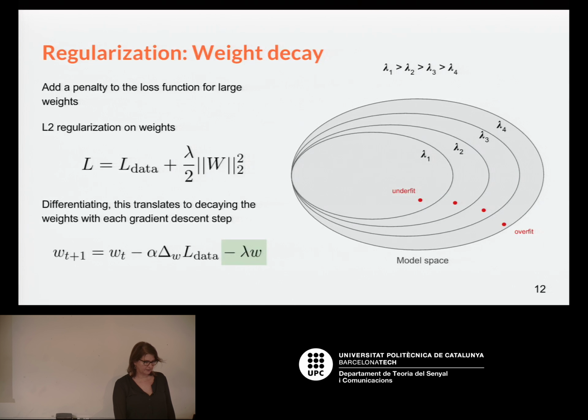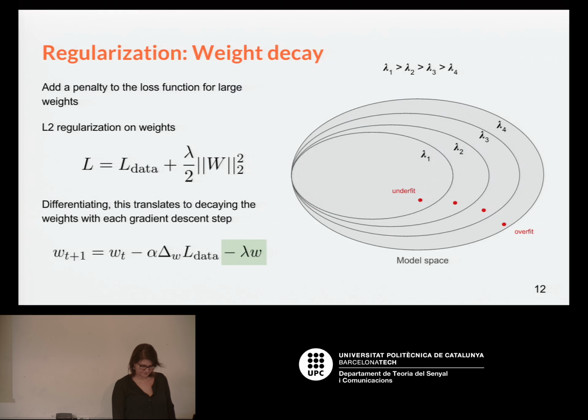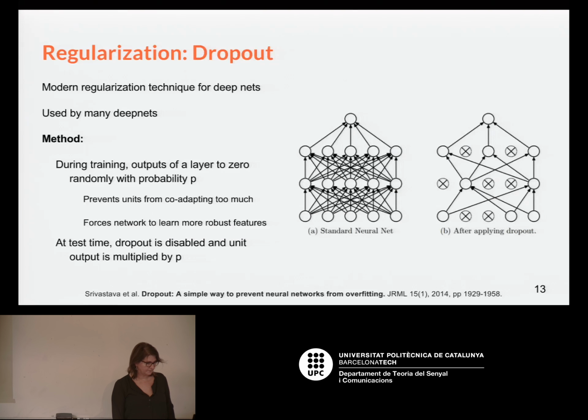As I talked about weight decay, we can also control this with a hyperparameter. How do I want to control the distribution of the weights of our model? That's the weight decay. The dropout is another form of regularization.